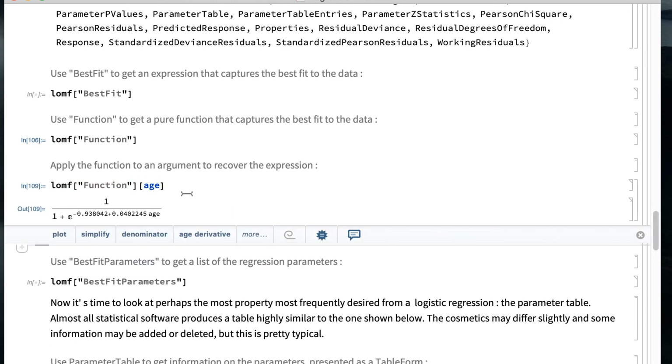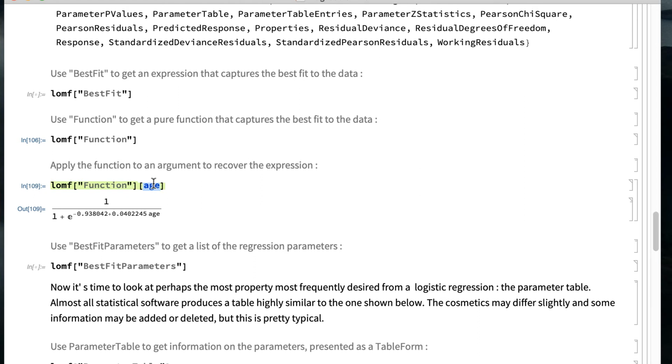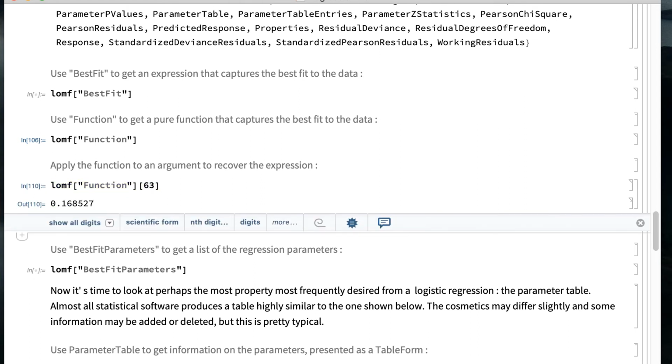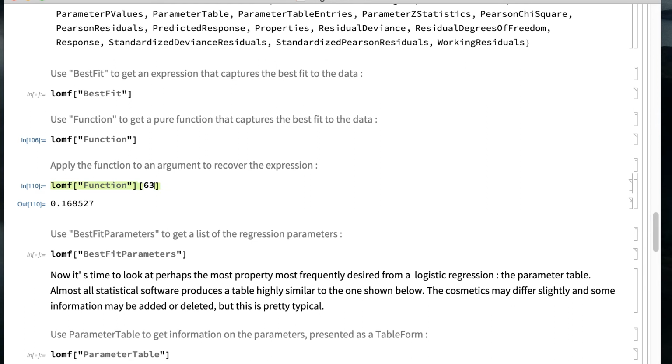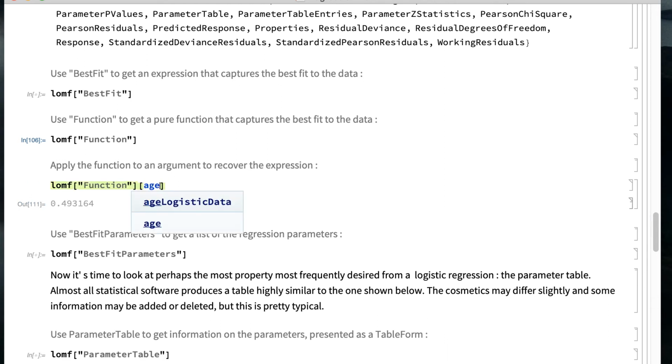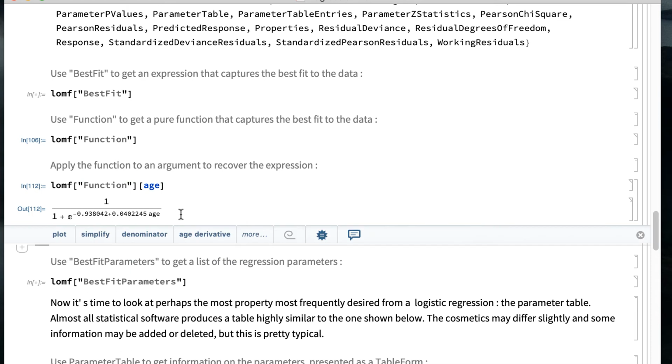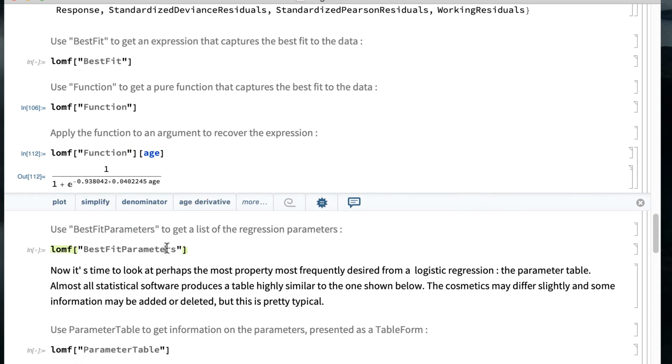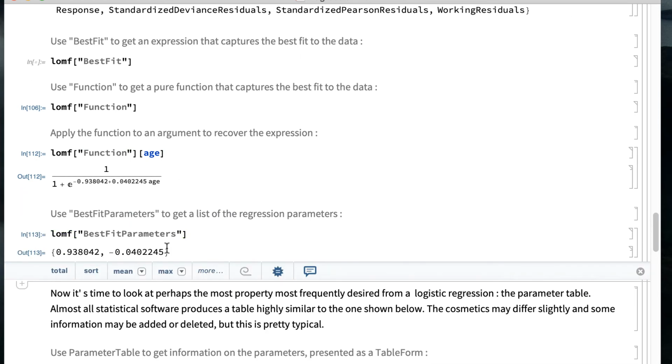All right, so here's the probability of surviving as a function of age, and I could actually put a number in here and see that it really might not be good for your average 63-year-old, although if you were 24, it's looking somewhat better. All right, but let's go back and make that age. All right, and we can get the best fit parameters as we did before.